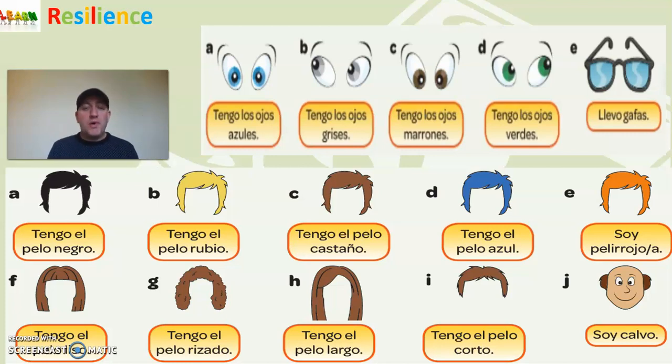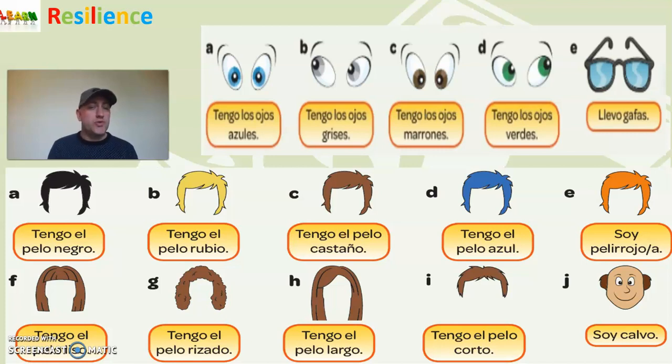Tengo el pelo azul. Soy pelirrojo. Tengo el pelo liso. Now we're starting to get less about the colors, but more about the style of hair. So tengo el pelo liso, which is straight hair. Tengo el pelo rizado. Rizado is like frizzy or curly hair.